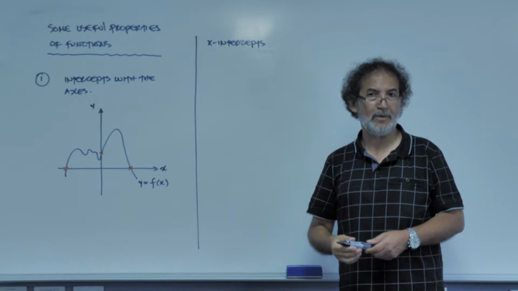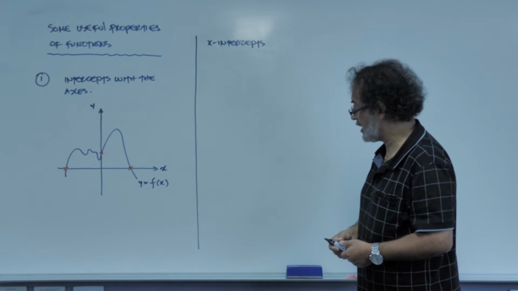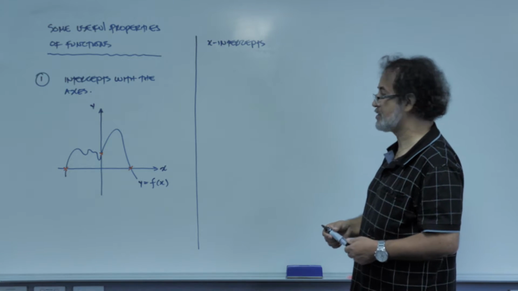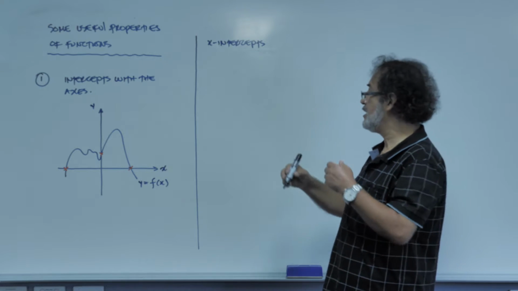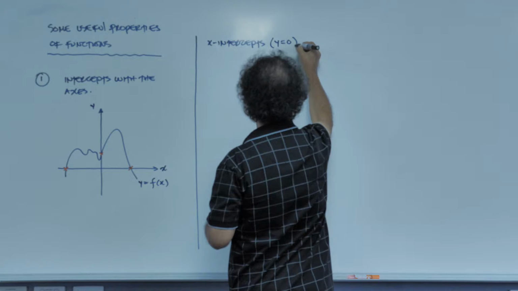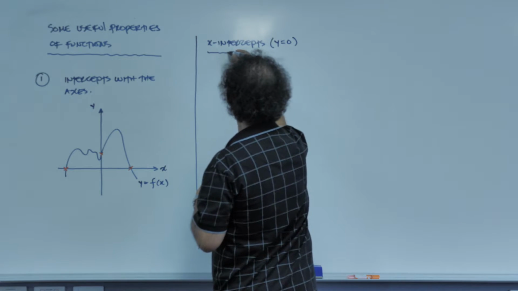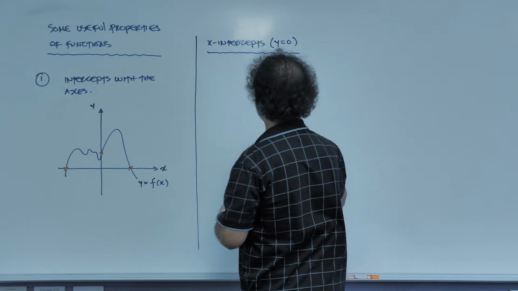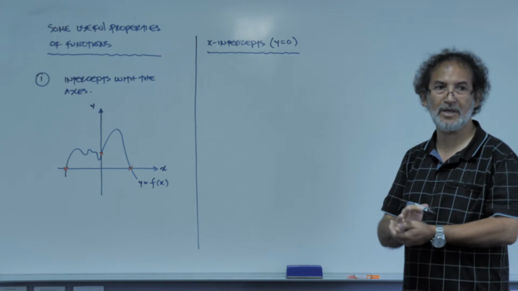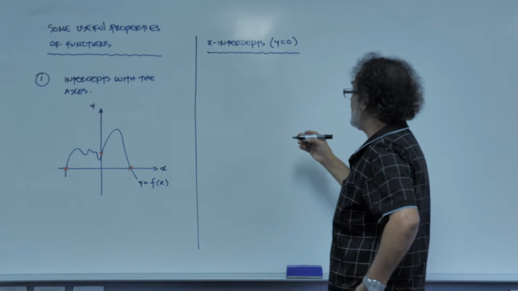In general, if you want to find where the function crosses the x-axis, then you simply make y equals 0. Okay, so you make y equals 0 if you want to find where the function is crossing the x-axis.